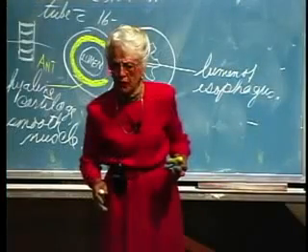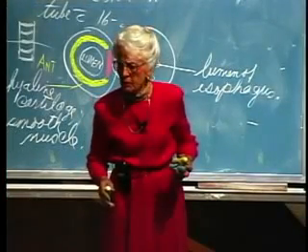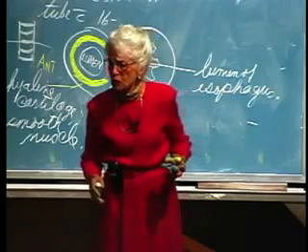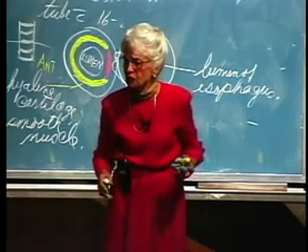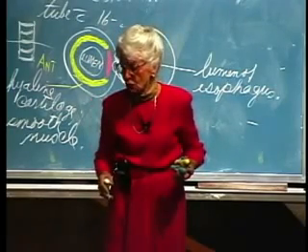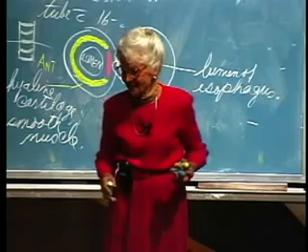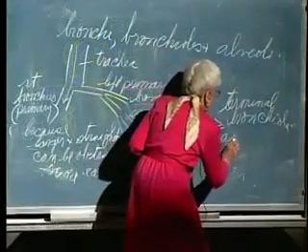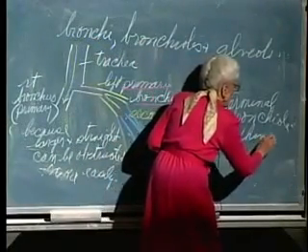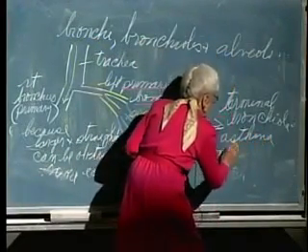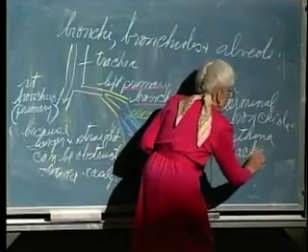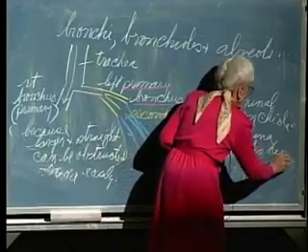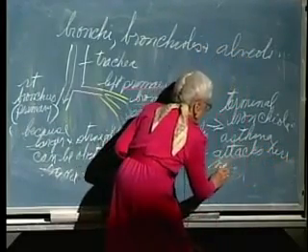How many of you have asthma? Did you know it was at your terminal bronchiole that constricts and causes you difficulty with breathing because there's no cartilage there? That's a fact. So, asthma attacks here. No cartilage.